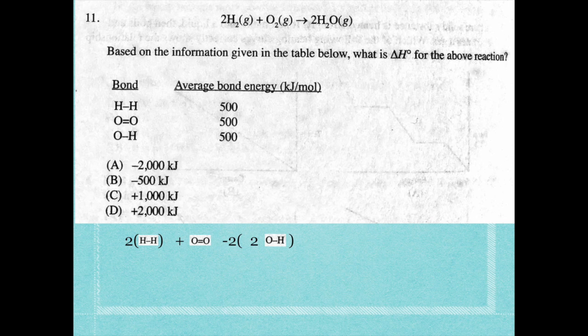So I have a total of 4 of those OH bonds that need to be formed. So I take 2 times 500 plus 500 minus 4 times 500, okay? And what I get is negative 500 kilojoules, which would be B.